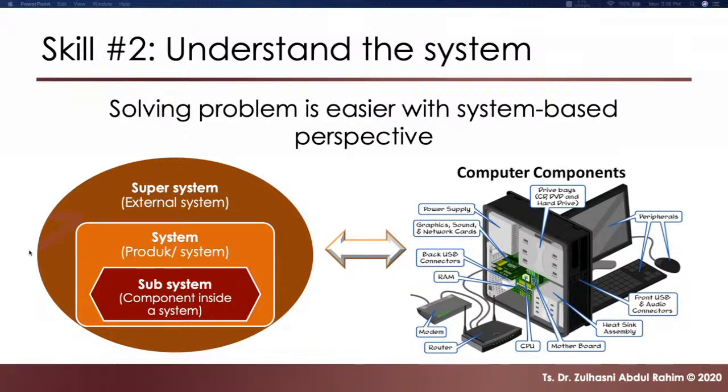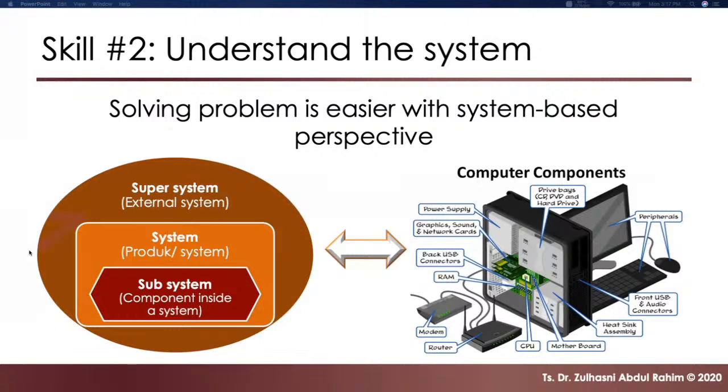Each and every system and component has its own function. If they are unable to carry out the function well, it means that the problem exists.